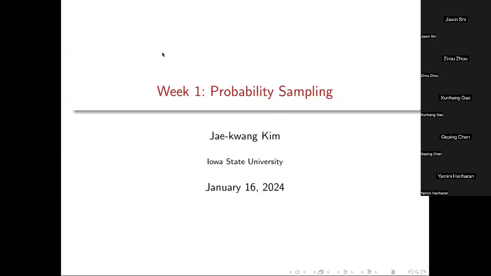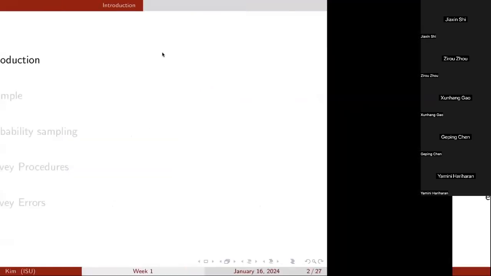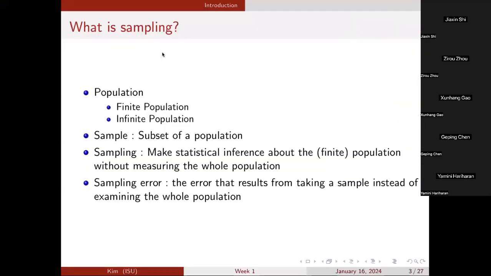Okay, so this part is a very brief introduction to survey sampling. So what is sampling? In survey sampling, we mainly care about finite populations rather than infinite populations. A sample is a subset of the population.